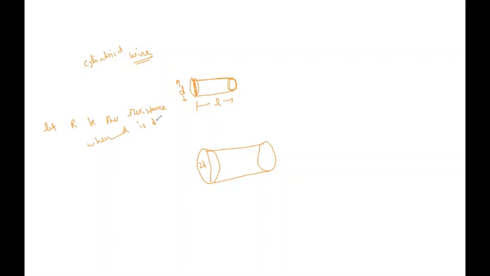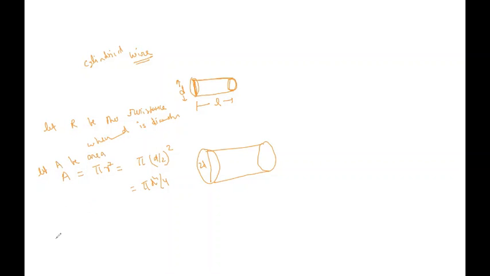In the first case, what is the area when the diameter is d? It is pi r square, that means pi (d by 2) whole square, that means pi d square by 4. Is this clear? So let A be the area in the first case.